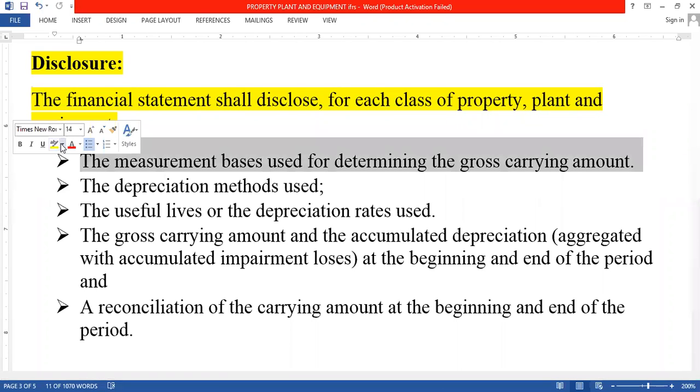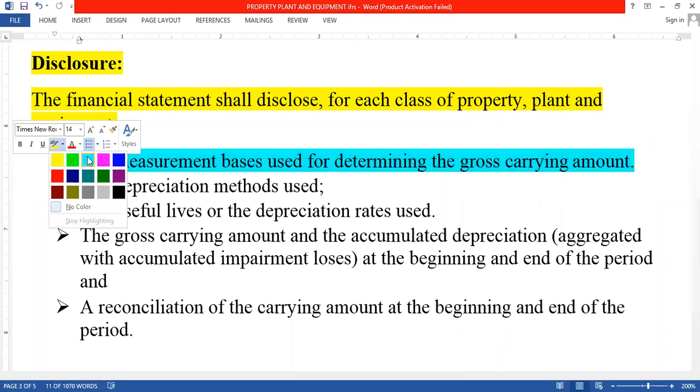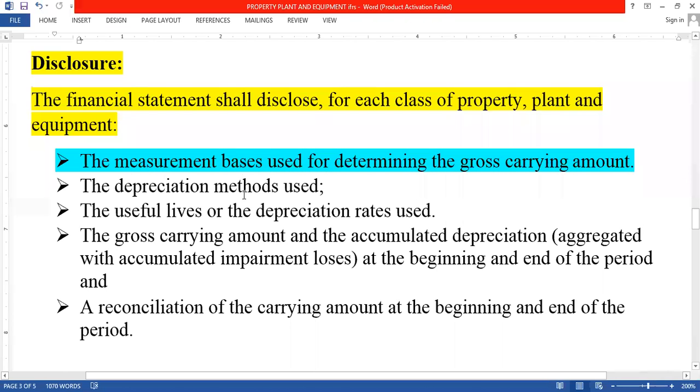The first one here: the measurement basis used for determining the gross carrying amount. Here, measurement basis is nothing but whether you are measuring based on the cost model or based on the revaluation model.